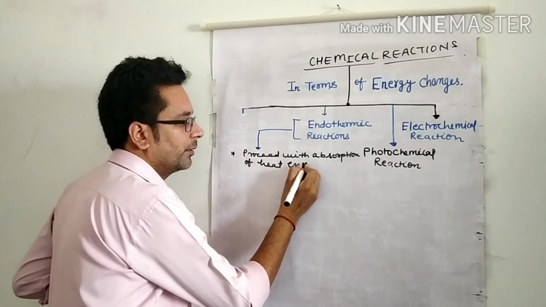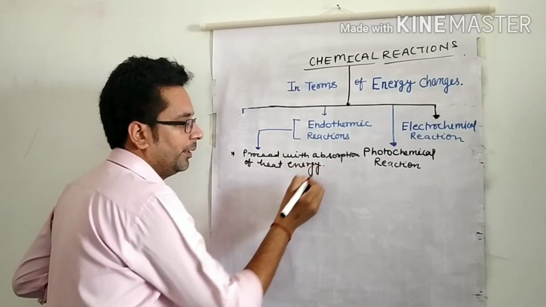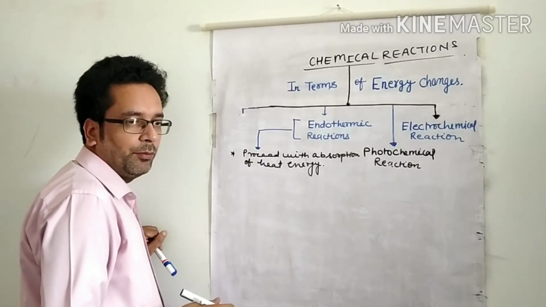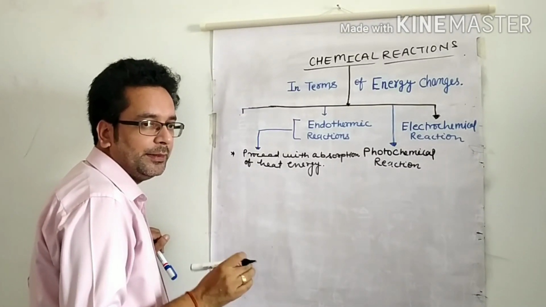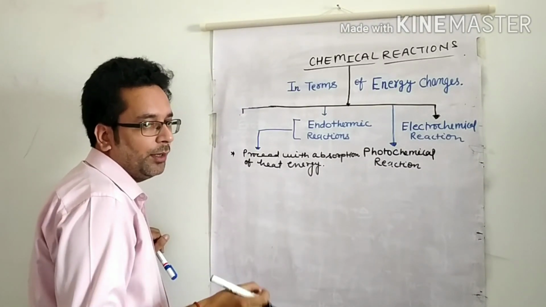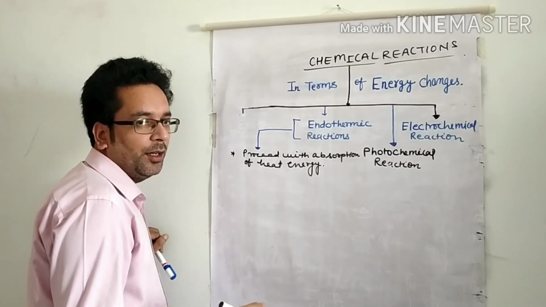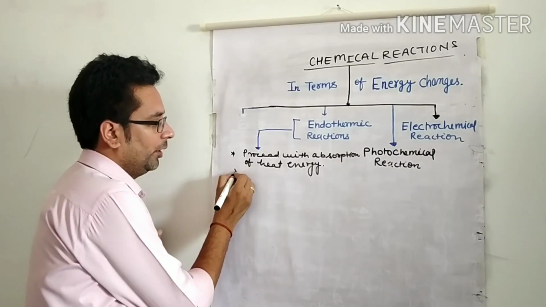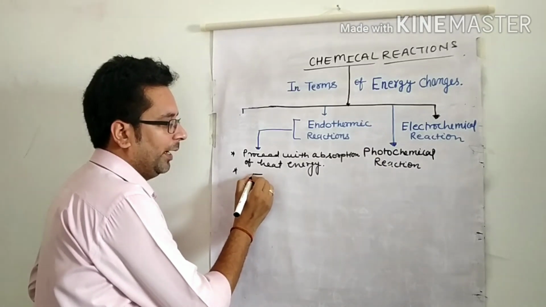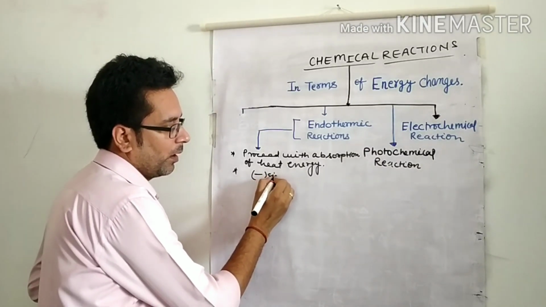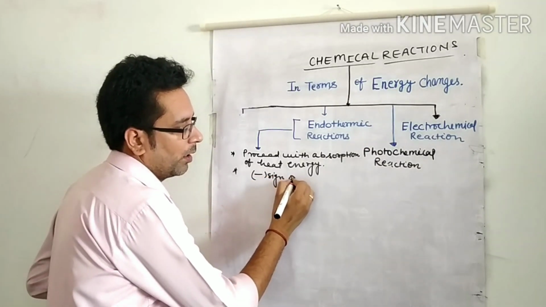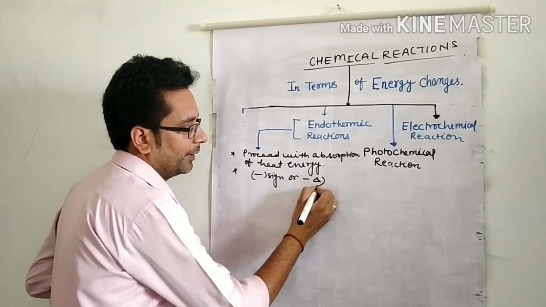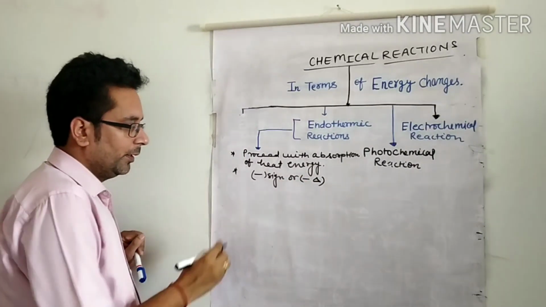It means an endothermic reaction needs some amount of heat energy. It is represented by a minus sign or minus delta.